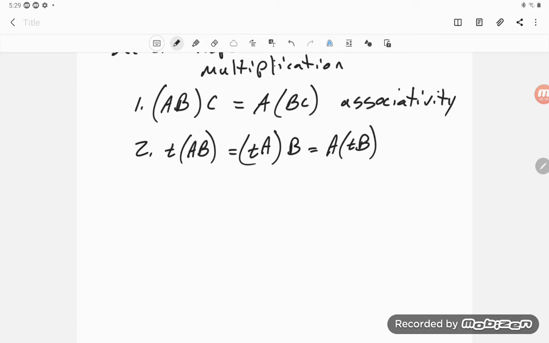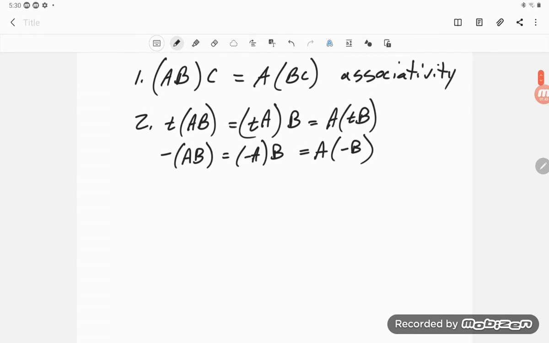Because of that, you could also do it with negatives. If I have negative AB, I could do that as negative A times B, or I could do it as A times a negative B. So that's just letting t be -1.